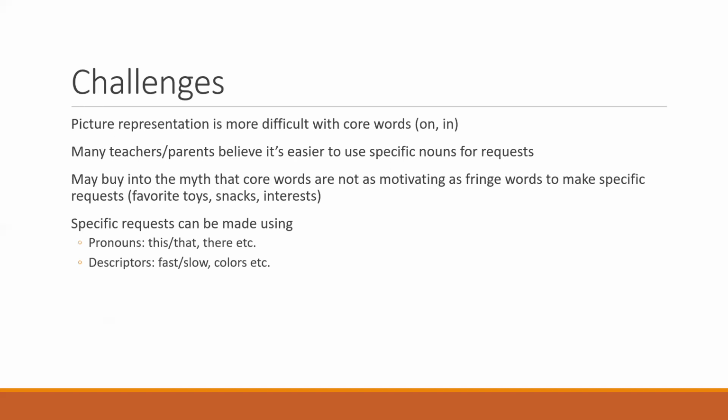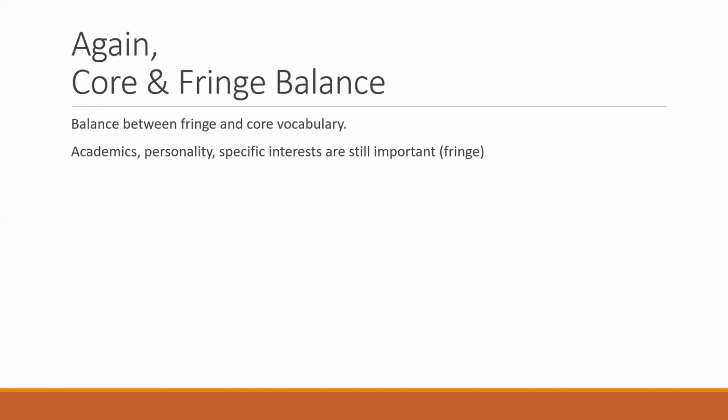We are able to make specific requests using this, that, fast, slow, etc. But again, to reiterate, there is a balance between core and fringe vocabulary. Both are very important. We've gone through why core vocabulary is very important, but we know that fringe is important when it comes to a person's personality, their academics, or their specific interests. So the balance is certainly important.